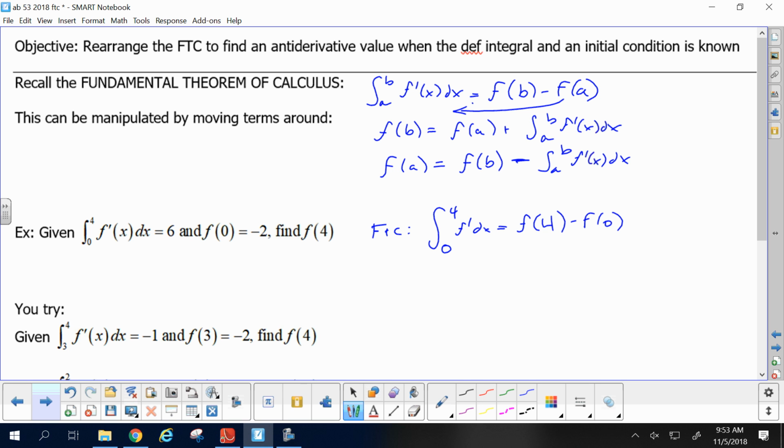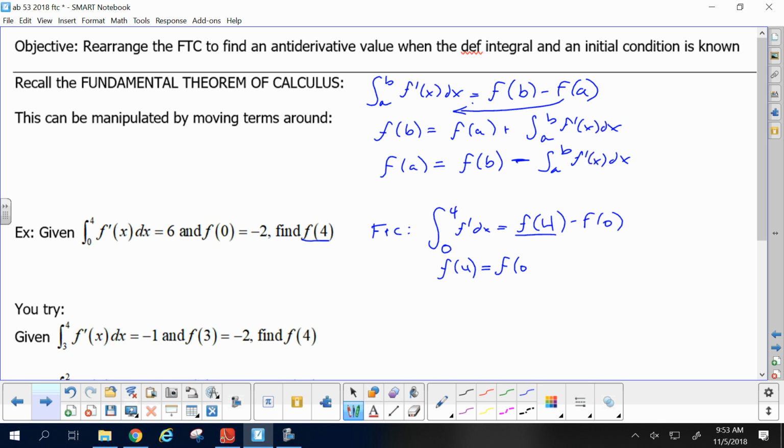All right. Now, it's two things. You either substitute and solve or solve and substitute. Do you want to solve first for f of 4 and then put stuff in, or put stuff in first? Solve for f. Okay, so if you solve for f of 4, what is it equal to? You would have to get rid of minus f at 0, so you would add it over.